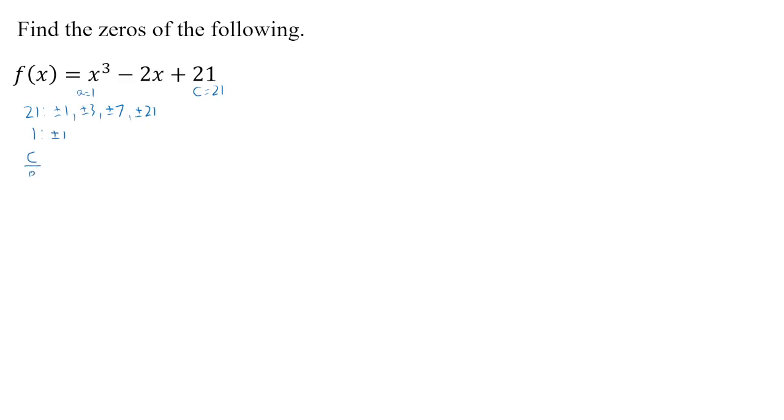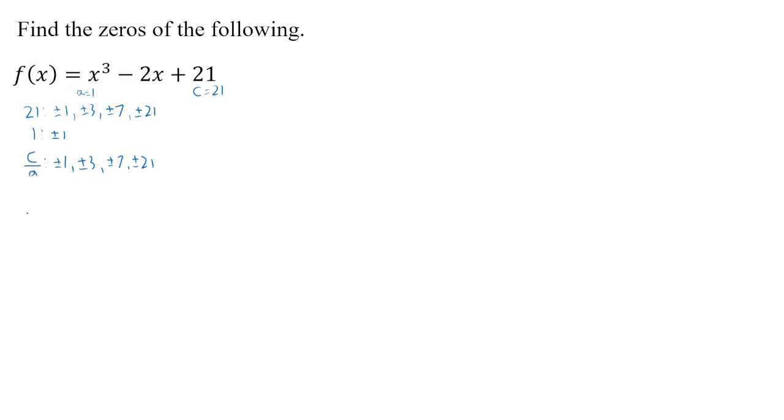Therefore, our possible rational zeros are positive negative 1, positive negative 3, positive negative 7, and positive negative 21. That means at most 3 of these are actual zeros.